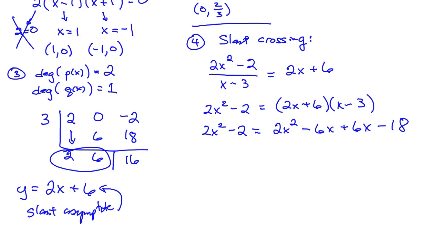Notice what cancels. 2x squared cancels. 6 x's cancel, and we're left with no x's. That's not good. That leaves us with the equation negative 2 is equal to negative 18, which is not true. So there's no solution to this equation, and there is no crossing.